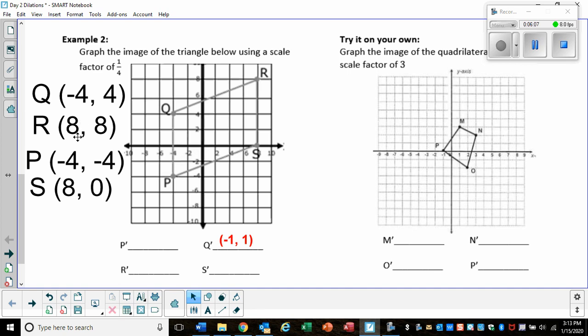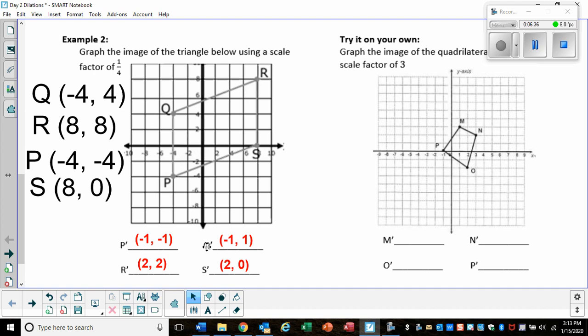For R, 8 divided by 4 gives me 2, and 8 divided by 4 gives me 2, so R prime is at 2, 2. -4 divided by 4 gives me -1, -1, so P prime is at -1, -1. And 8 divided by 4 is 2, and 0 divided by 4 is 0, so S prime is 2, 0.